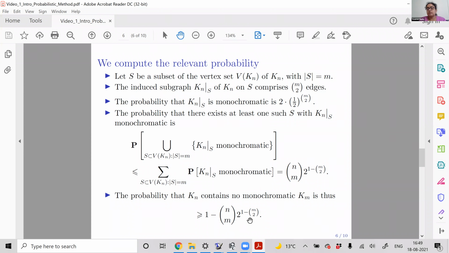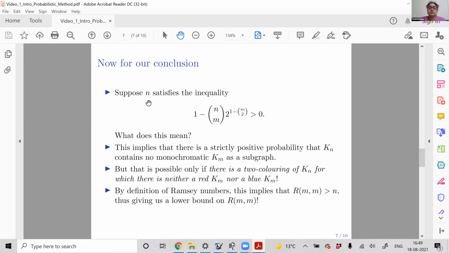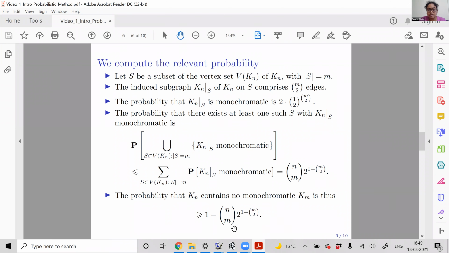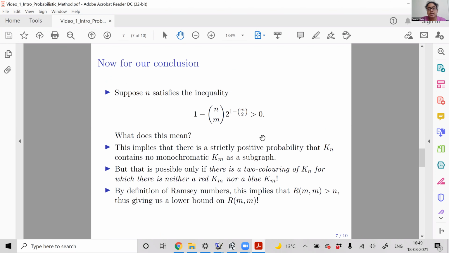Okay, so now it comes to conclusion. So suppose n is a positive integer that satisfies the inequality. And what is the inequality? So this quantity is exactly what we saw here. So this quantity is strictly positive. What does this mean? This means that you have a strictly positive probability of the event that K sub n contains no monochromatic K sub M. Notice that the probability of the empty set is 0.